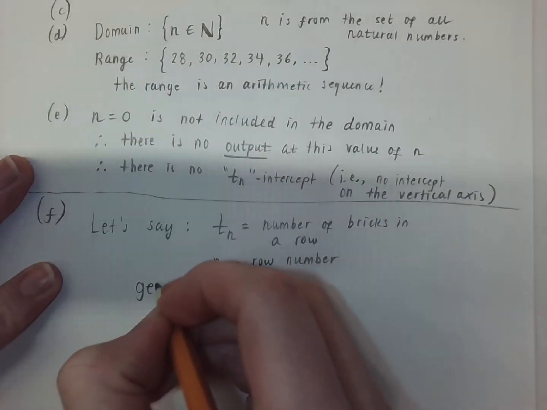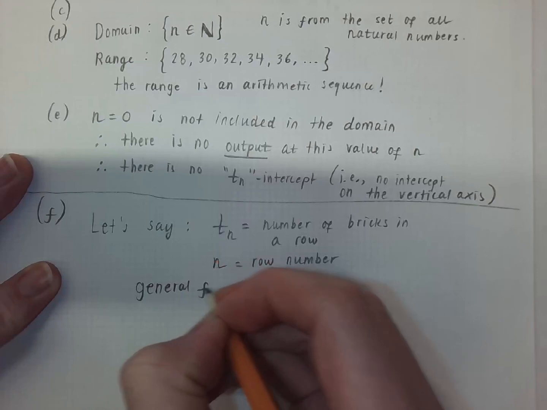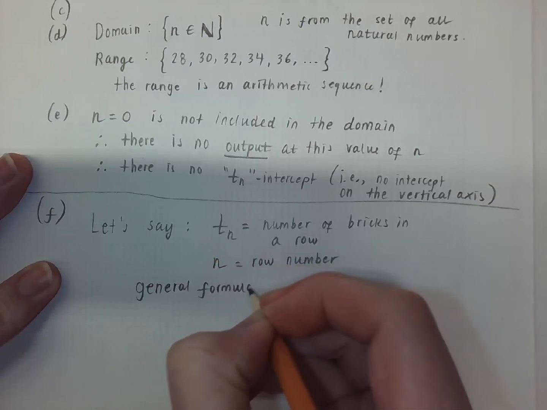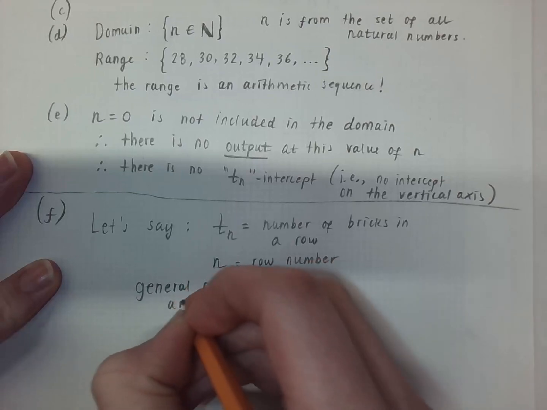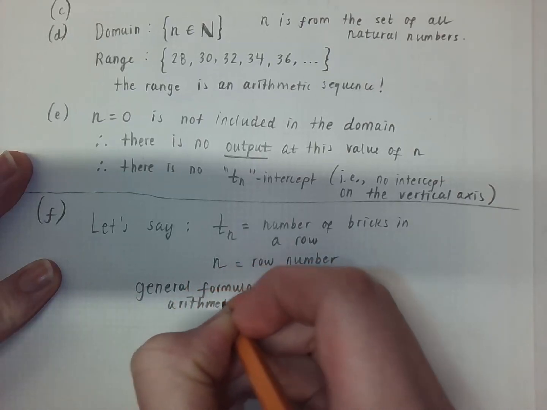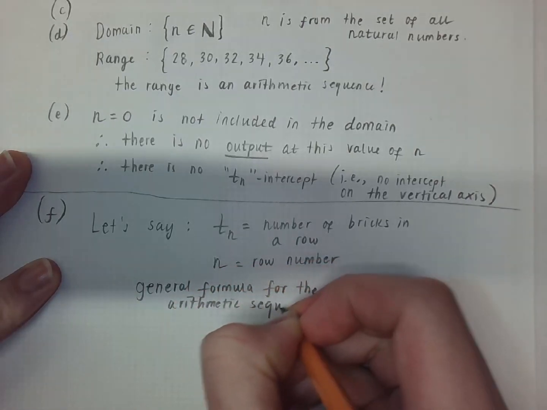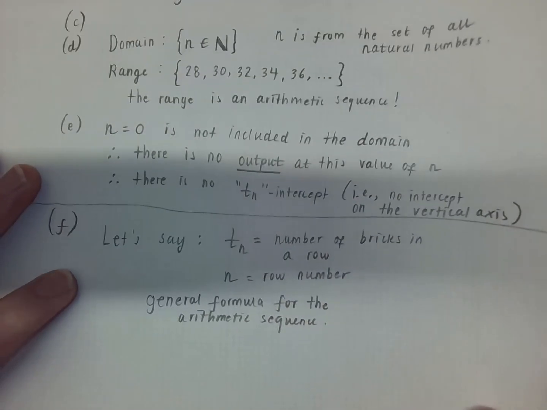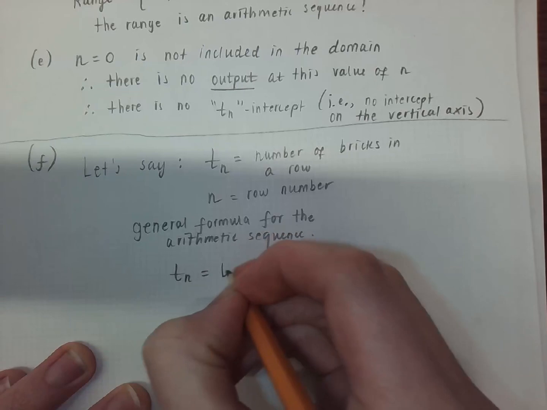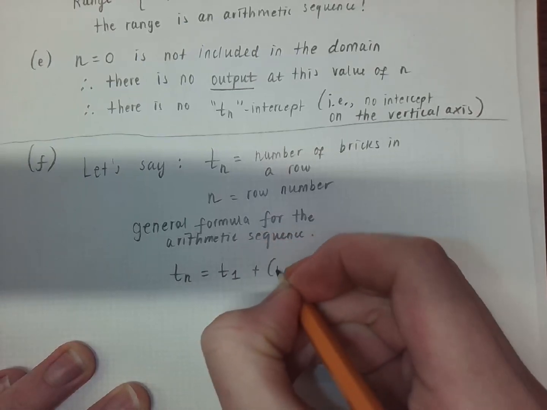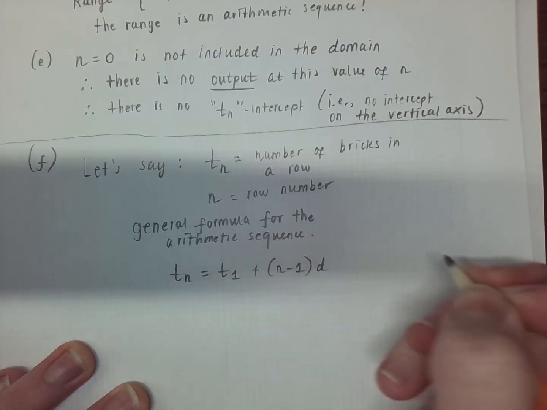So why don't I just come up with my general formula for the arithmetic sequence. So that'd be Tn equals T1 plus n minus 1 times d.